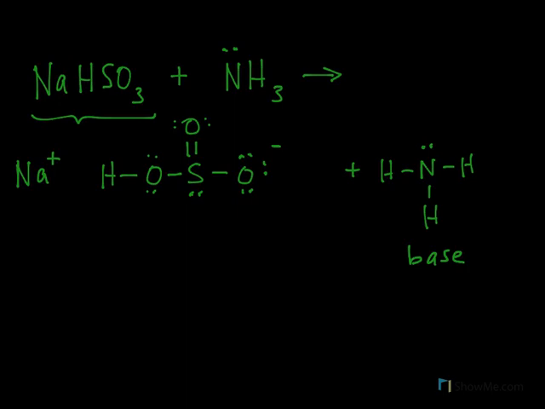So ammonia will be the base, and so this will be the acid then. Since this is the acid, there's only one proton here that can be donated, and it is this proton, that one there. So this lone pair of electrons is going to take that proton.